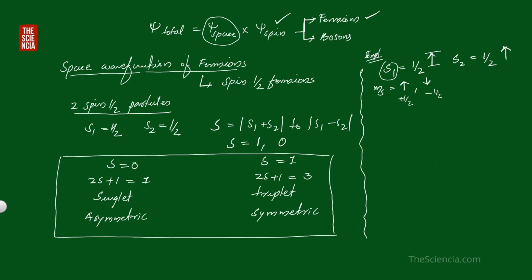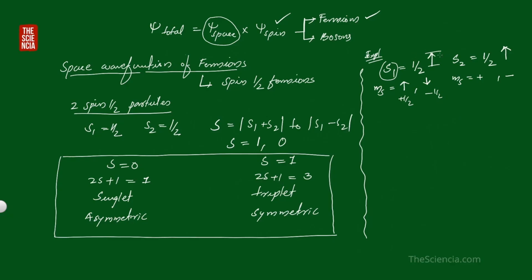So s is the magnitude and ms is the orientation, plus or minus. Here also the ms values are plus half and minus half.